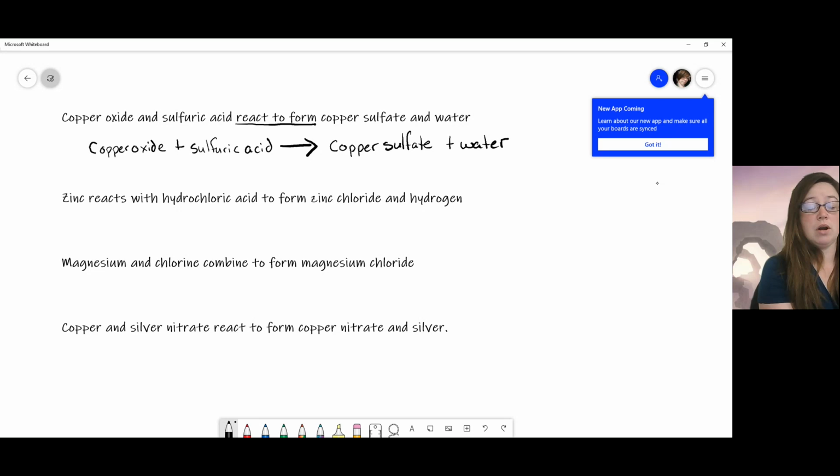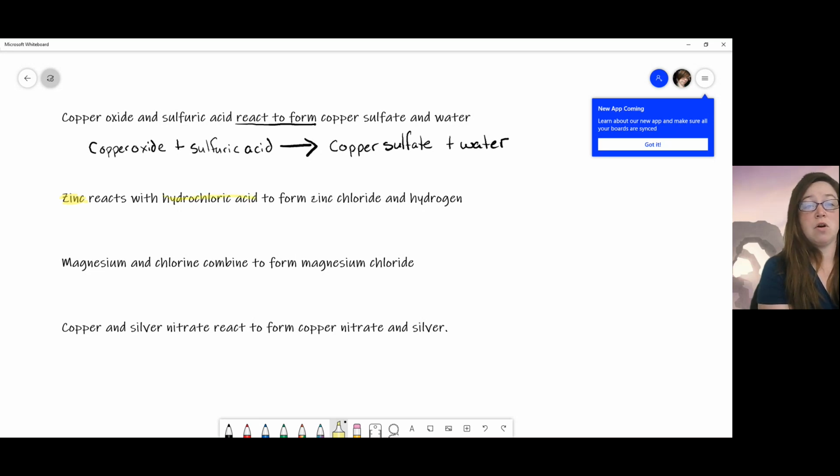Our compounds and our elements are represented just by their written out names. Now I'm going to show you how you can tell where you need to put your arrows. I'm looking for my reactants, and it starts off with zinc, so I know that's a reactant. It says zinc reacts with hydrochloric acid, so it's reacting with something.